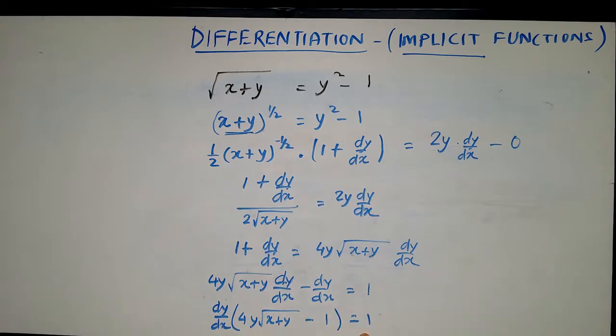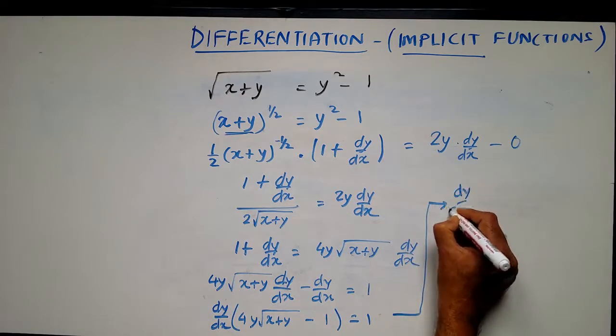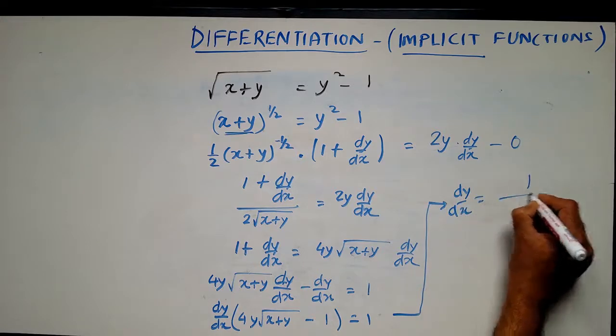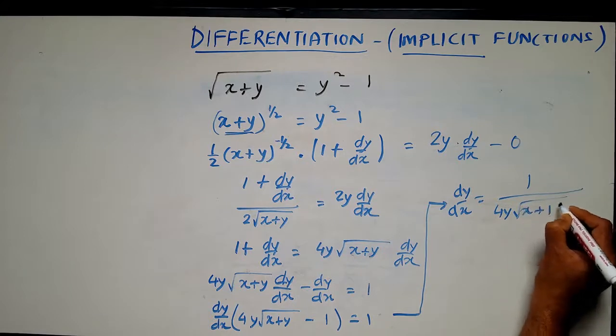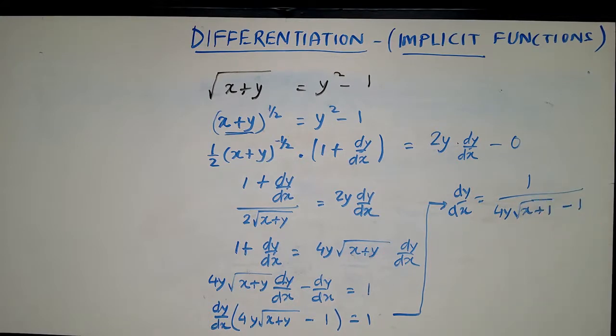If we divide by this expression, we will get dy by dx. So dy by dx is equal to 1 upon (4y root of x plus y minus 1). That's the answer for this one.